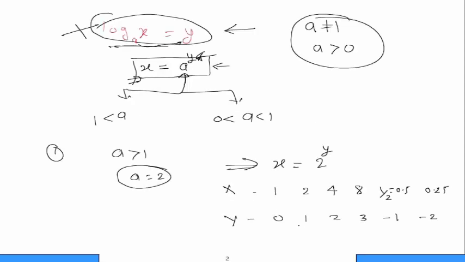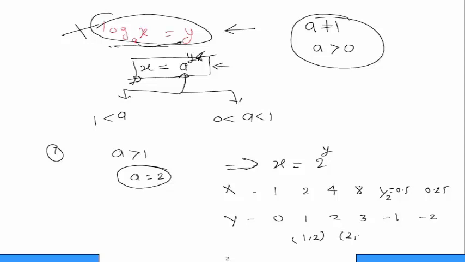See here, roughly, this is the x-axis and this is the y-axis. Now when y is 0, you are getting x as 1, so you got a point, that is (1, 0). Now when y is 1, we get x as 2, so we have a point (2, 1).